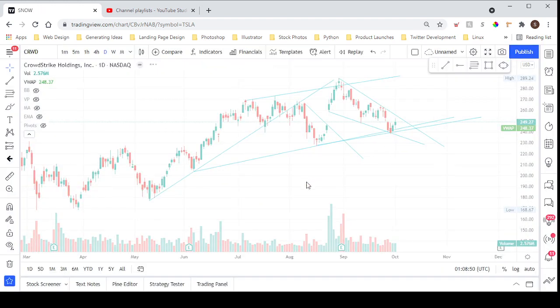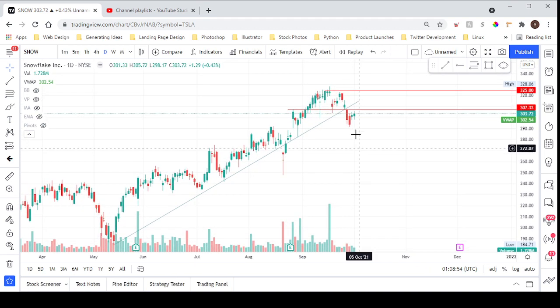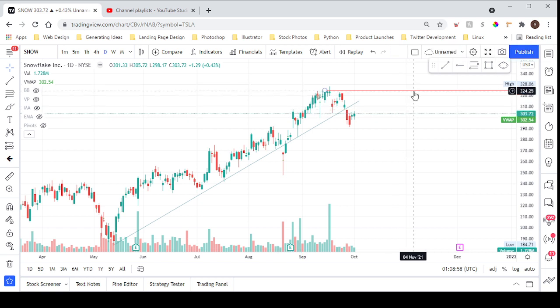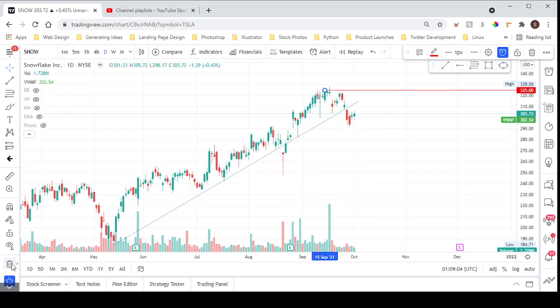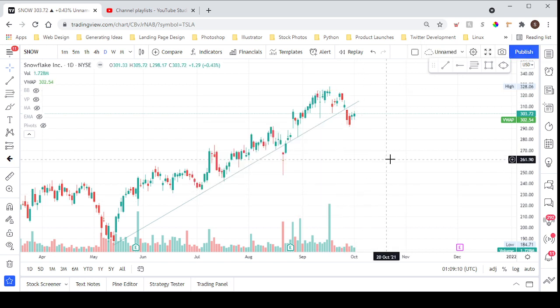Another favorite that people love to throw around is Snow. And so let's just start drawing some lines here and seeing if we can start seeing some patterns. So this is more for my visual thinkers than anything else. And let's see if we can see some possible patterns that are going on here.